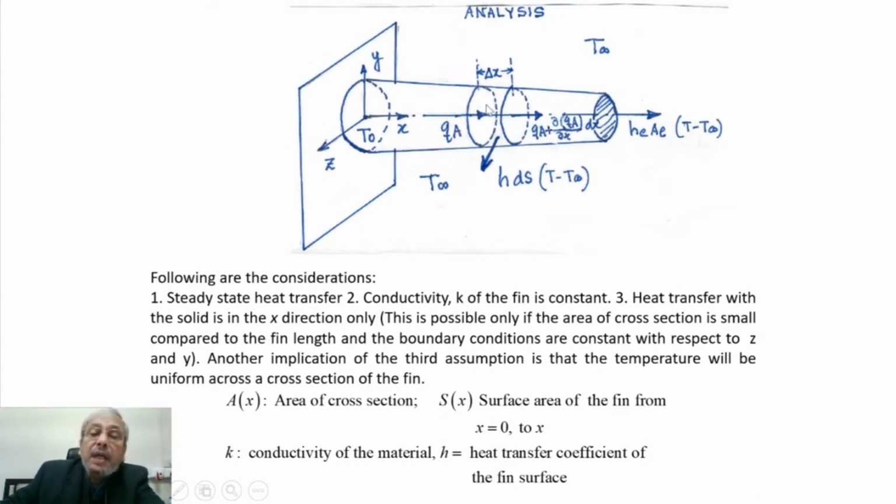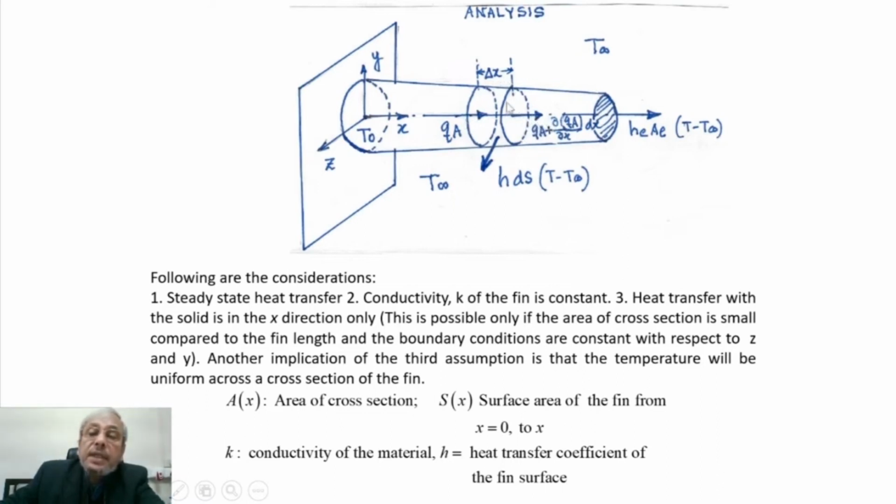the heat transfer rate is given by Q_A, and delta x apart we take another cross section, where the heat transfer rate is Q_A plus dQ_A/dx times delta x, since it is delta x apart. Now, this is the energy coming through this section and this is the energy leaving through this section, and there is a difference.